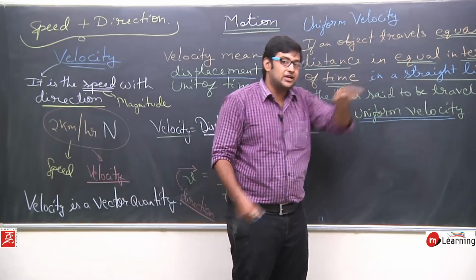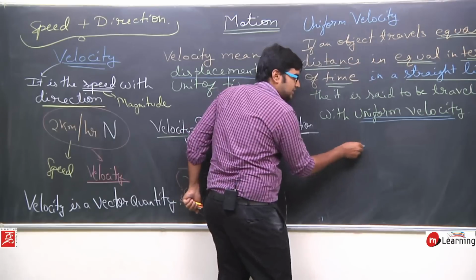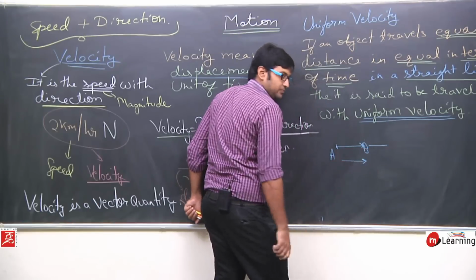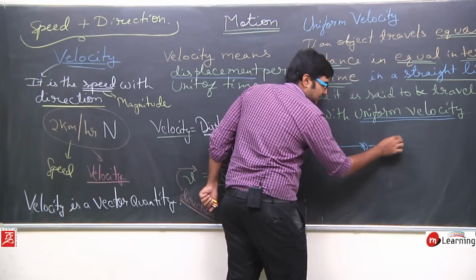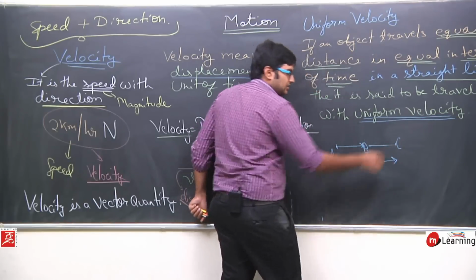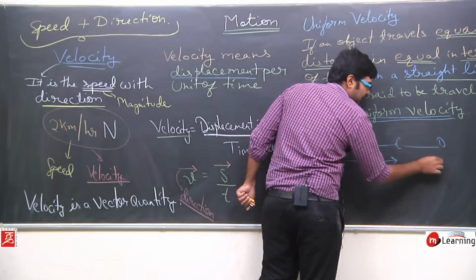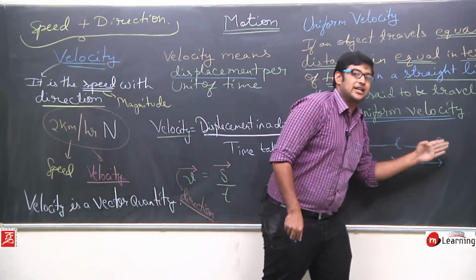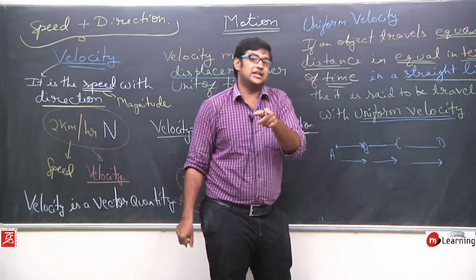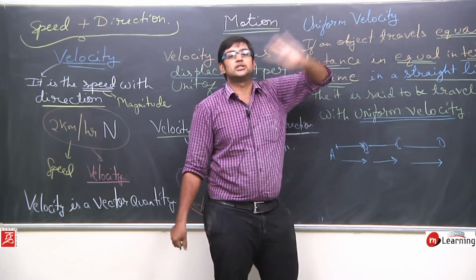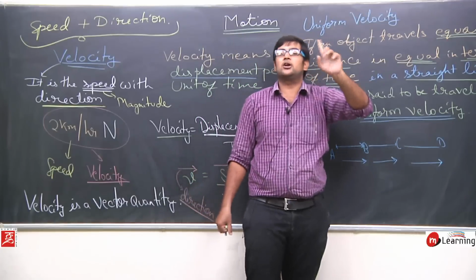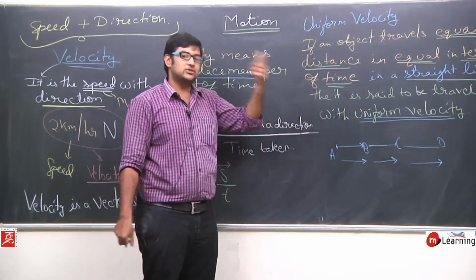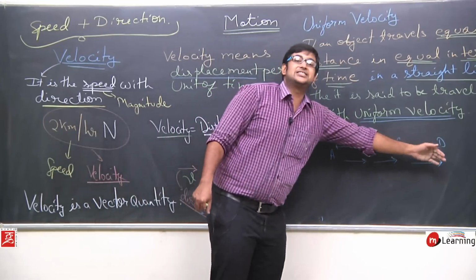If an object travels from A to B in this direction, then from B to C again in this direction, then C to D again in this direction, every time the object is traveling in the same direction, so its velocity will be said to be uniform velocity, otherwise its velocity will not be said to be uniform. We cannot say that the velocity is uniform if the direction changes.